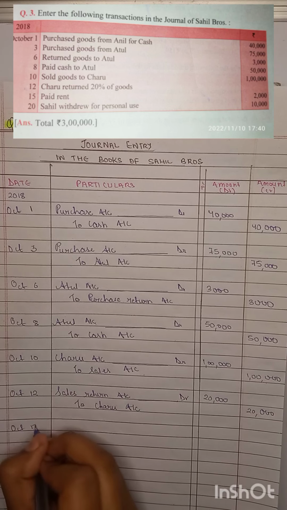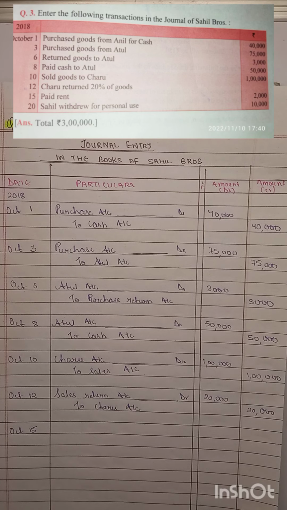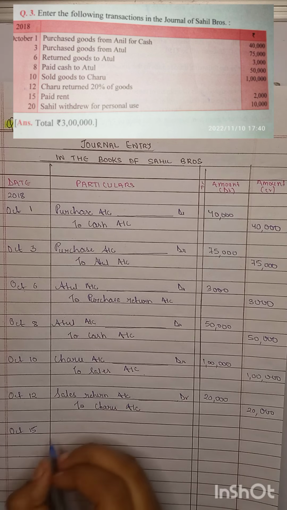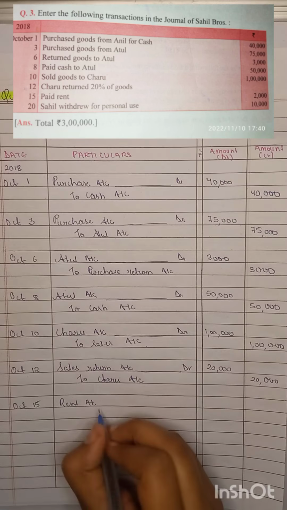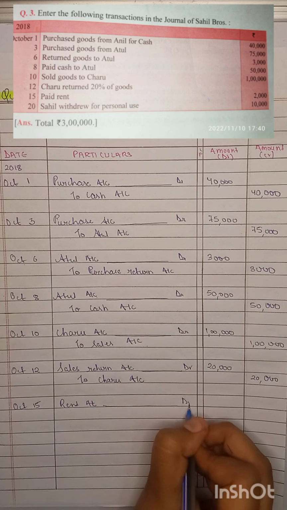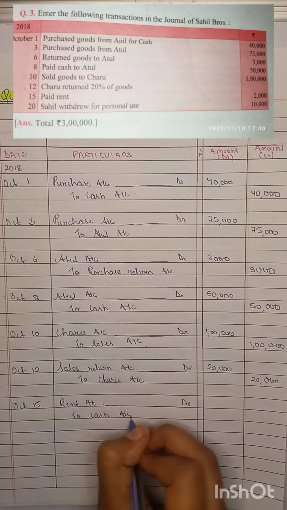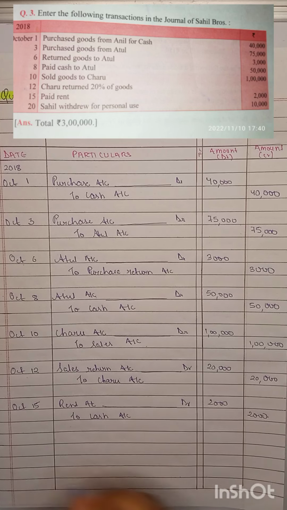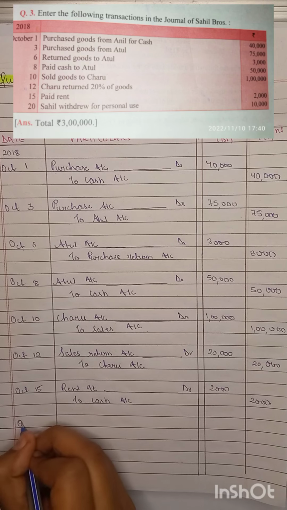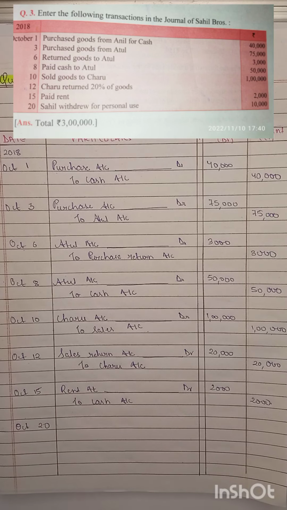On October 15, we paid rent. As I said earlier, we always pay expenses in cash. So our entry will be rent account debit to cash account, rupees 2,000. Next, on October 20, it says Sahil withdrew for personal use.